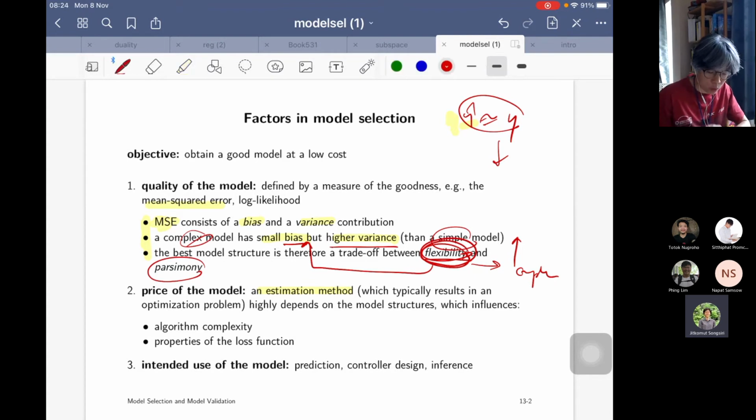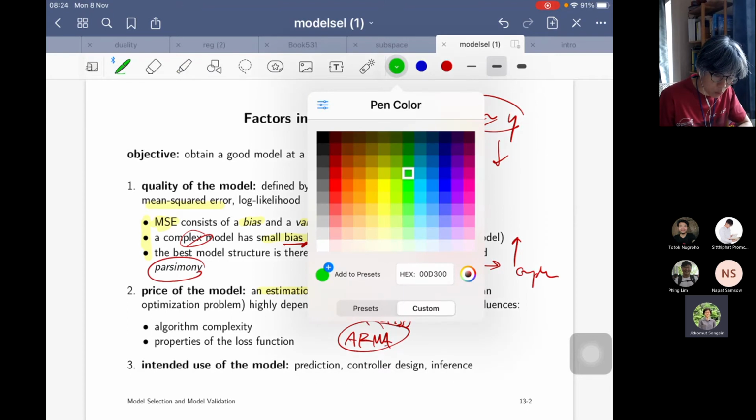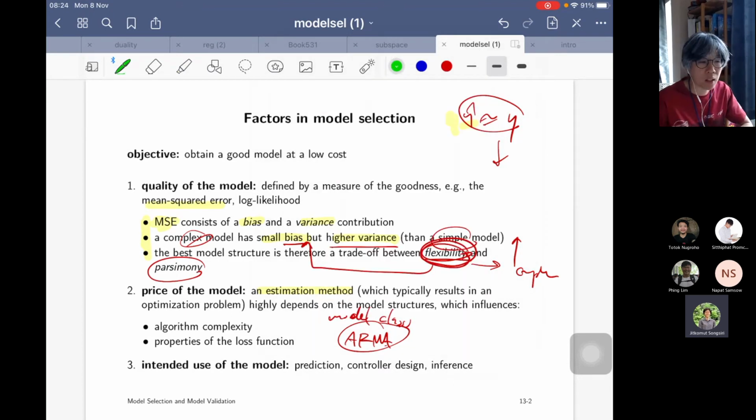Or if you look at it this way, you may start from the model class. Suppose you start with, okay, I'm going to use an ARMA model, and then from this point you may want to see what kind of estimation techniques we can apply to this model class for performing system identification.